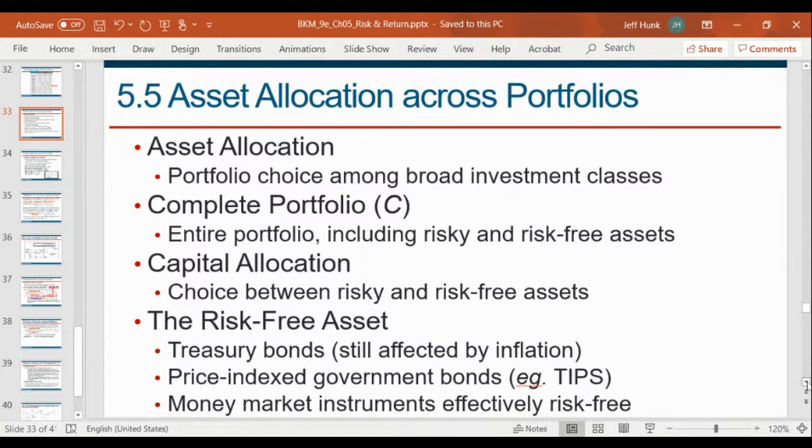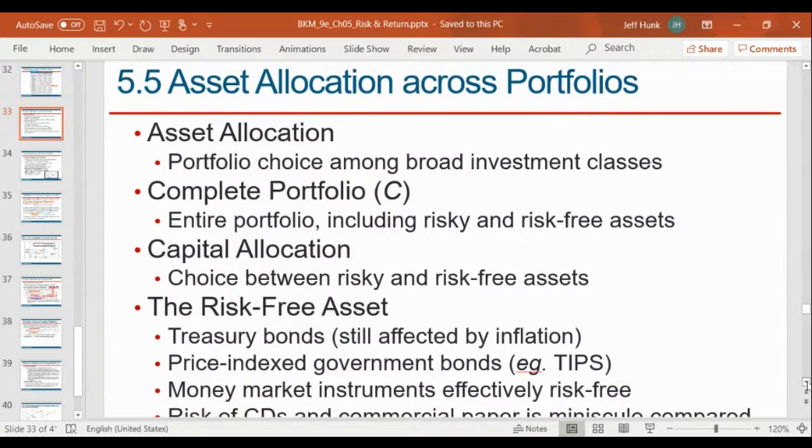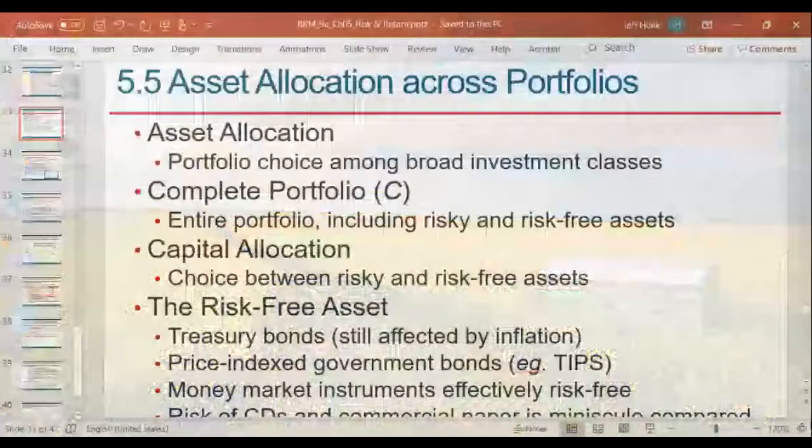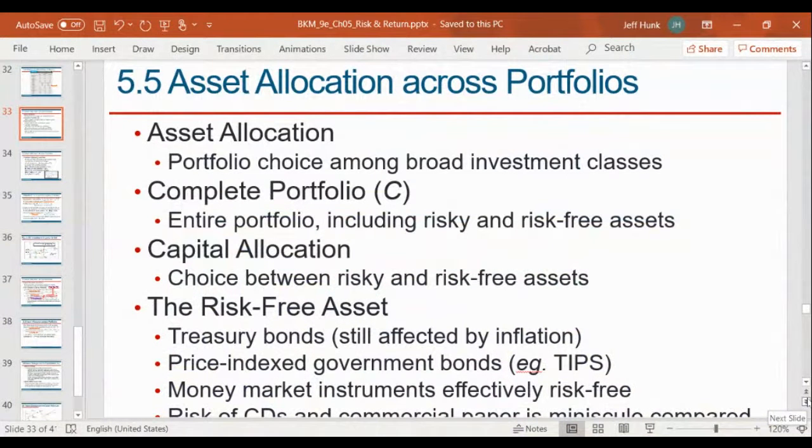So when you construct a portfolio, obviously, if you have $1 million to manage, it would be a foolish idea to put all of that into just stocks, because you are taking definitely a lot of risk, as opposed to investing in risk-free assets.